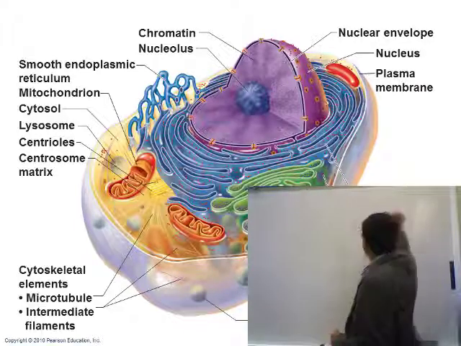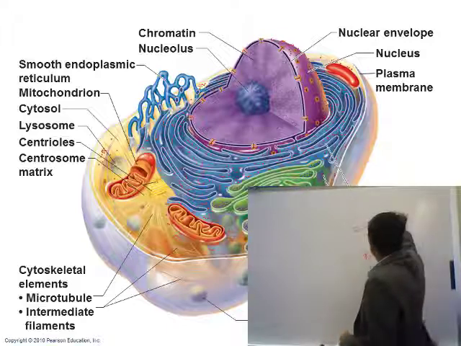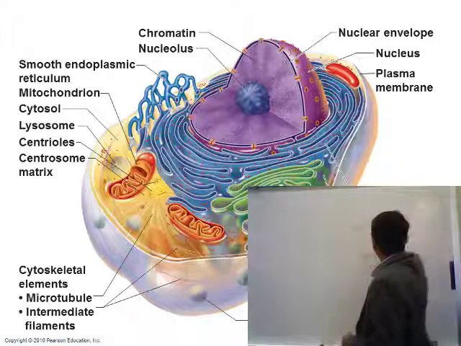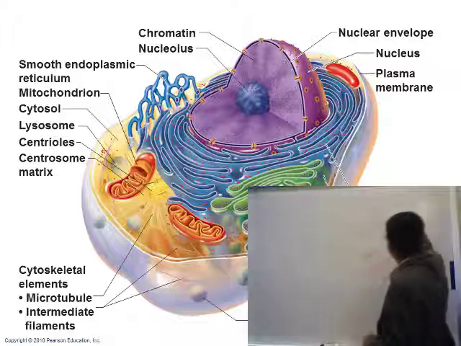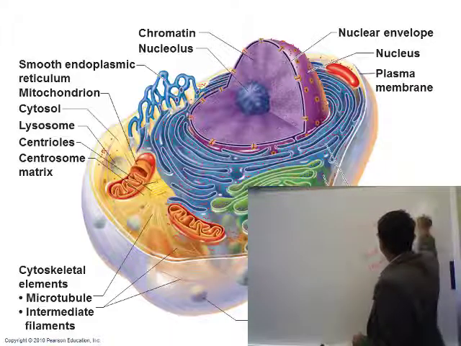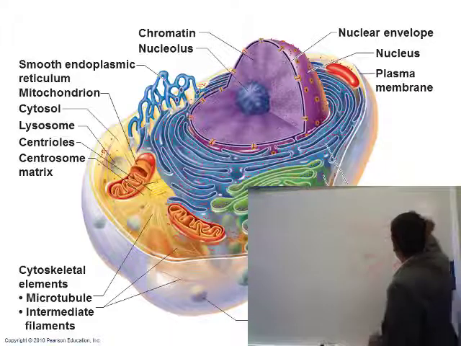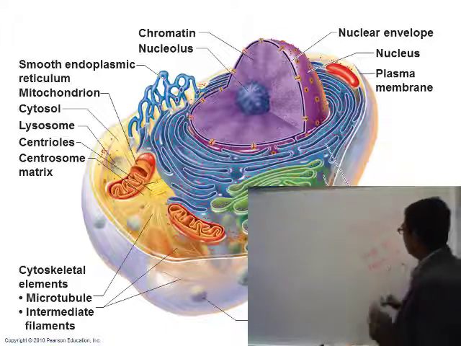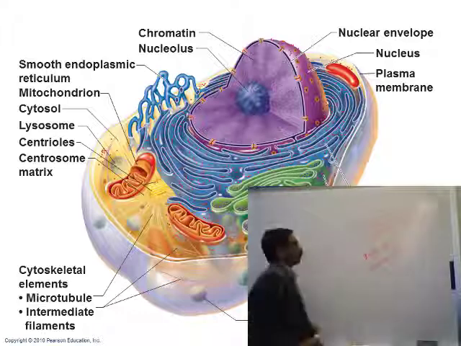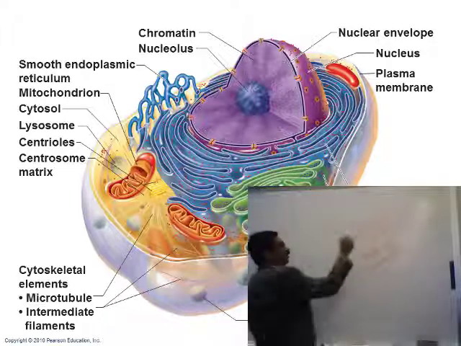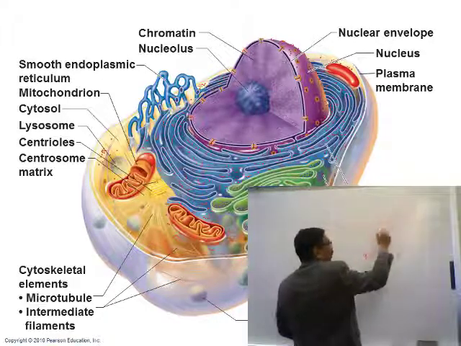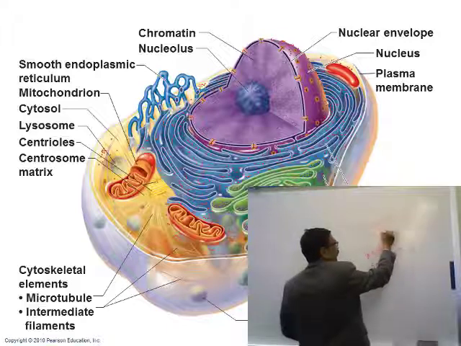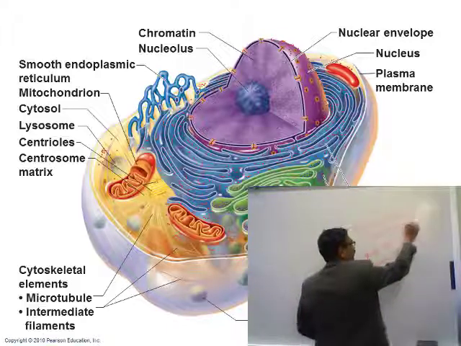Because if you see the endoplasmic reticulum, it looks like many tube-like structures connected to each other, a network of tubes. And one part of ER has ribosomes attached on the surface.